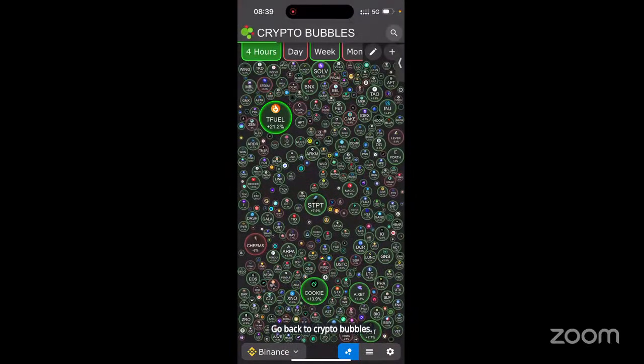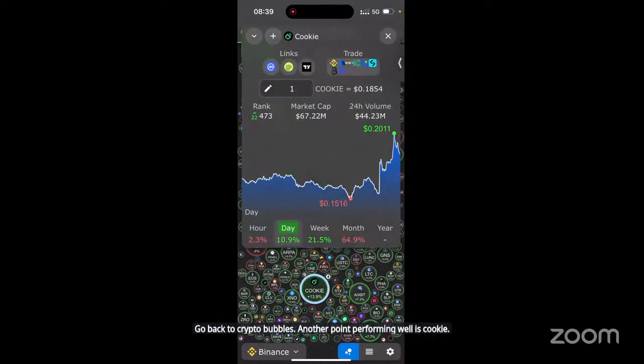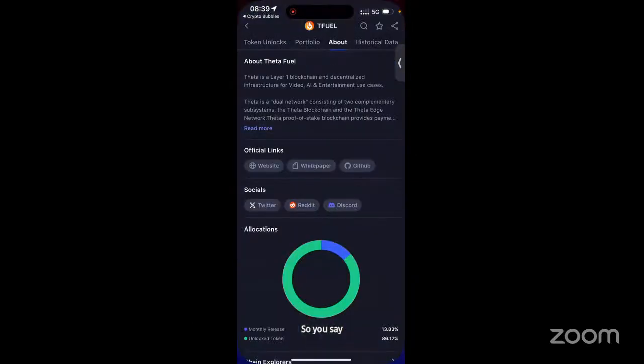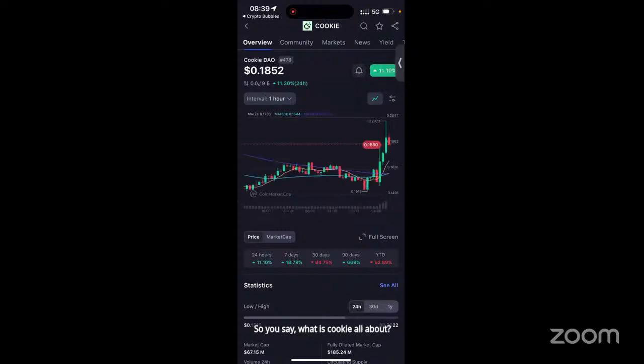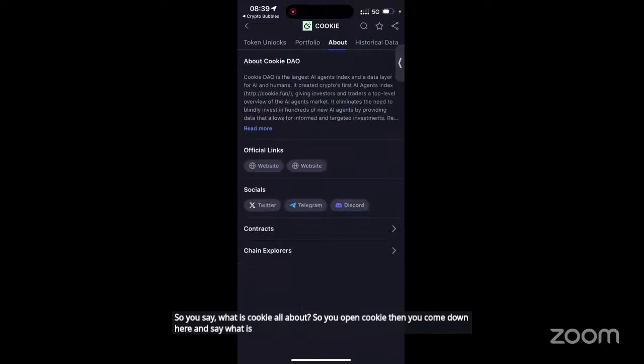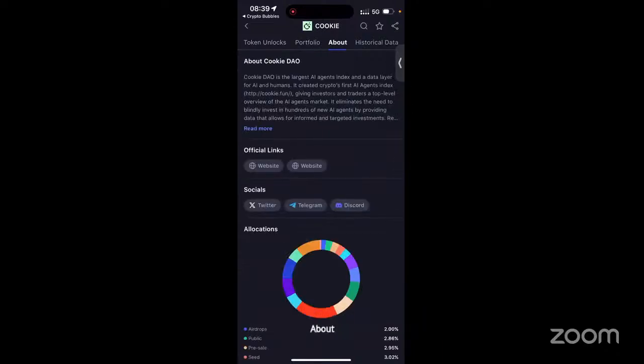Another coin performing well is Cookie. So you say, what is Cookie all about? So you open Cookie, then you come down here and say, what is Cookie about? Cookie is a DAO. It's the largest AI agents index, a data layer for AI and humans.